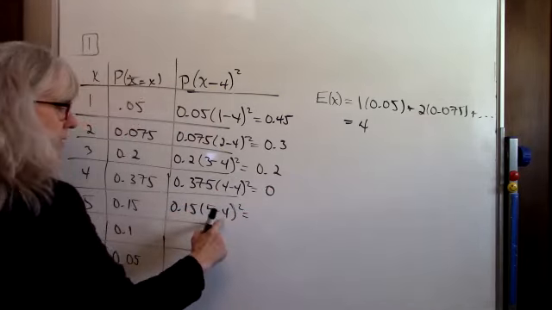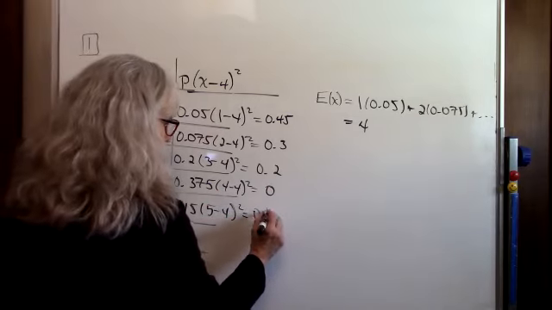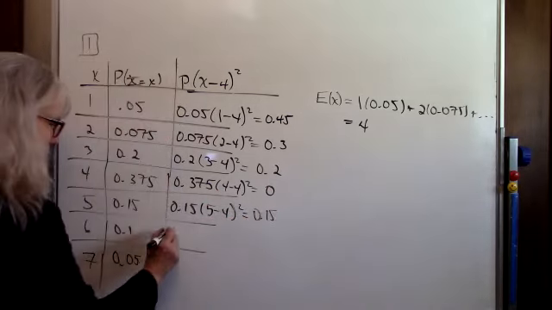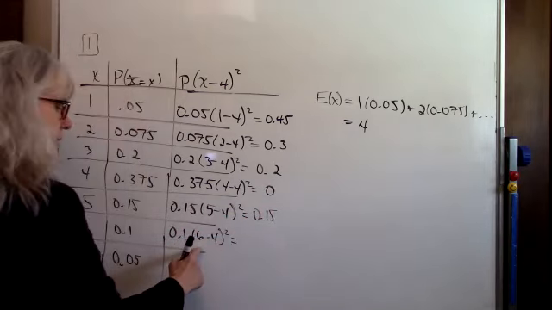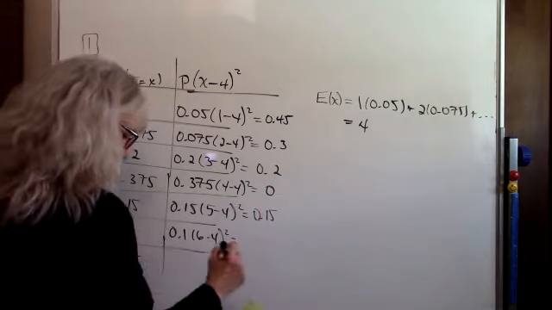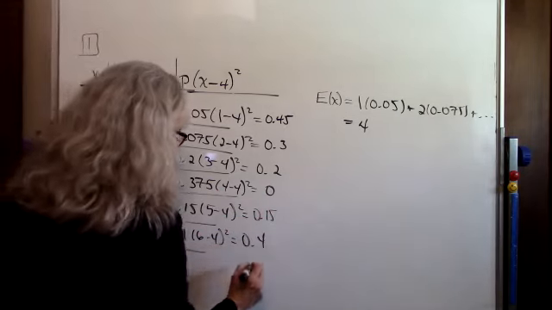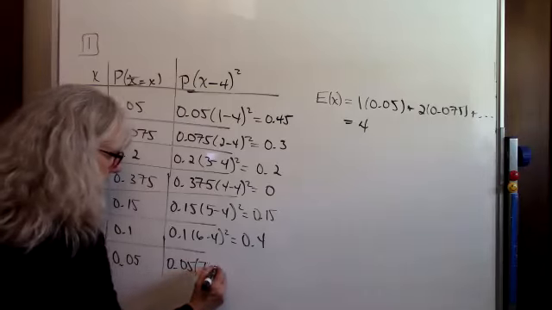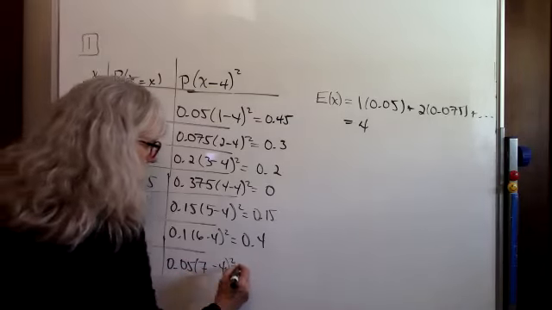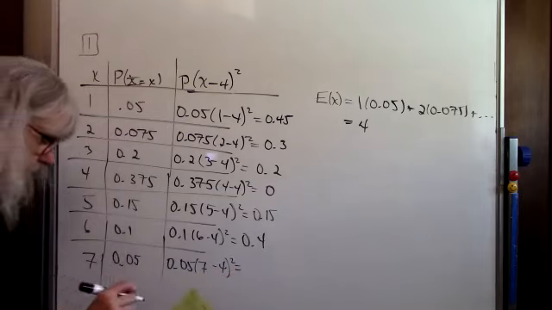Well, 5 minus 4 is 1, and 1 times anything is 0.15. That one's easy to do. We have 0.1 times 6 minus 4 squared. So 6 minus 4 is 2, squared is 4, times 0.1 is 0.4. And then finally, we'll have 0.05 times 7 minus 4 squared. If we do that, we end up with 0.45.